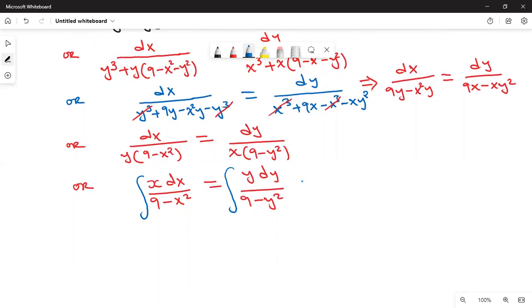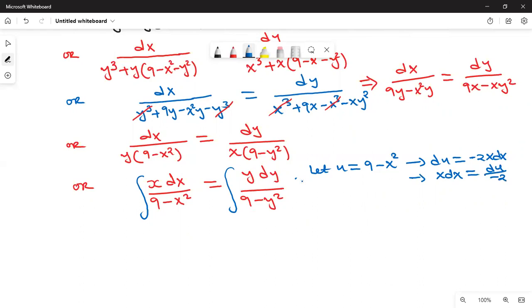In the first integral, you're going to let u be equal to 9 minus x squared, so that du is equal to negative 2x dx, which means x dx should be equal to du over negative 2.